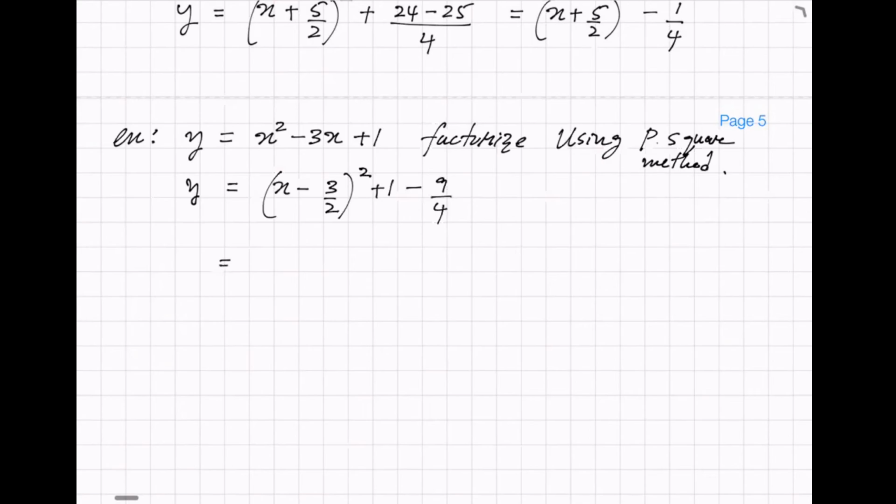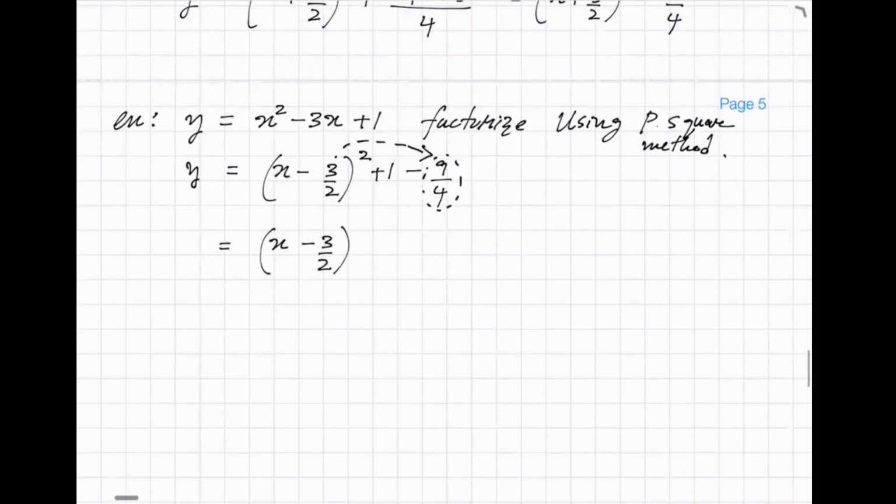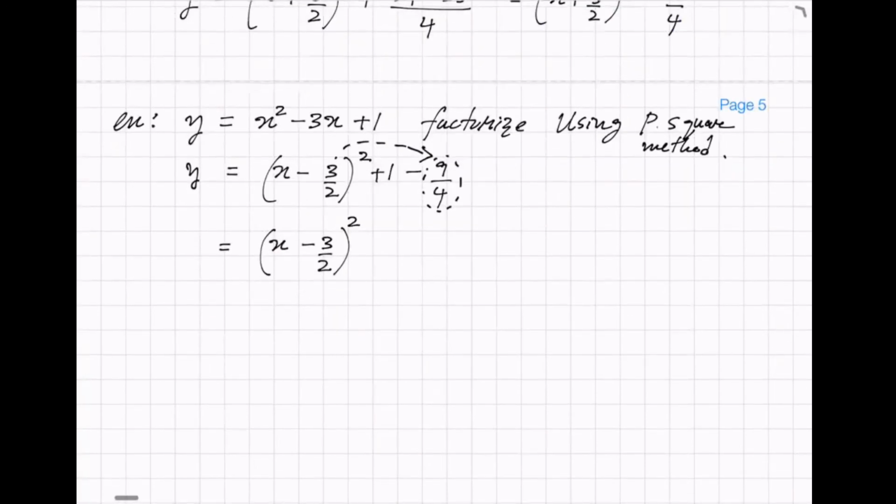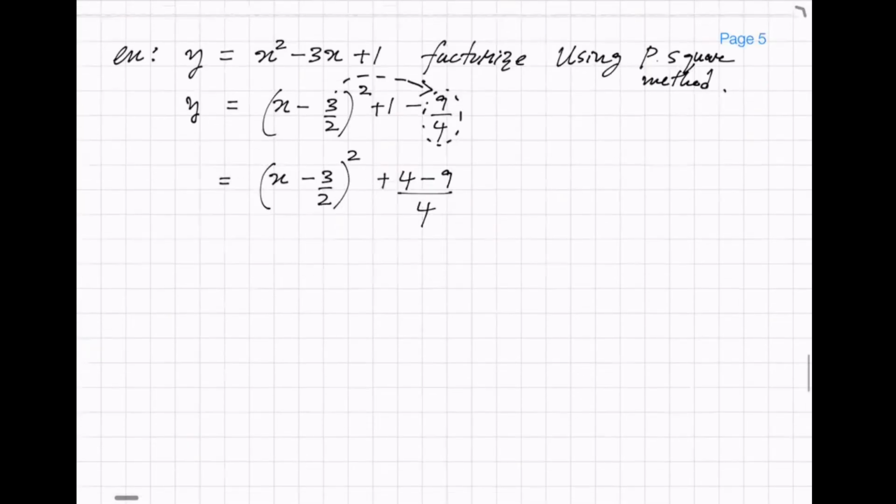Because we have to always square this term. So this is going to be 4 minus 9 divided by 4. So this is equal to x minus 3 divided by 2, the whole thing squared, minus 5 divided by 4. And that's the factorization using perfect square method.